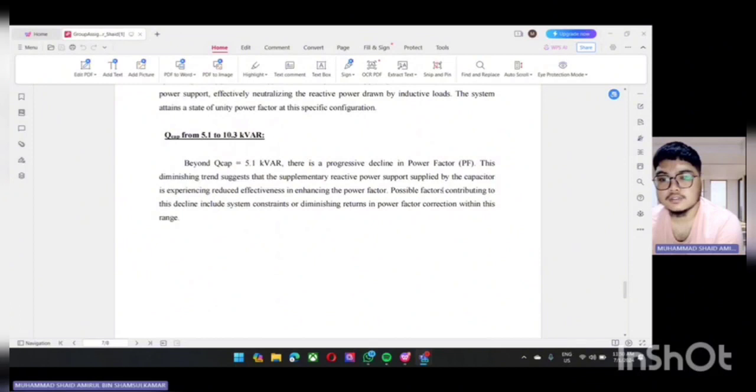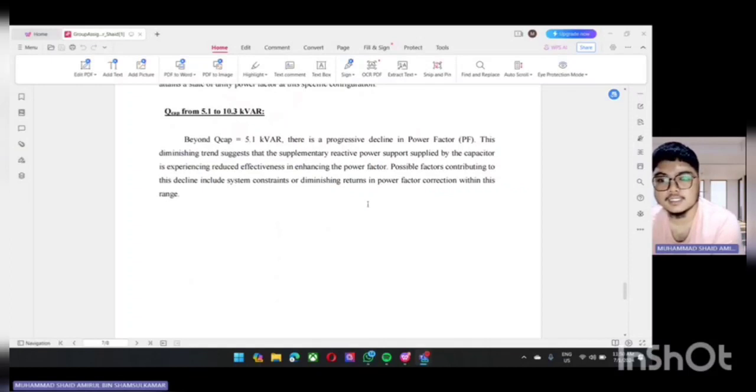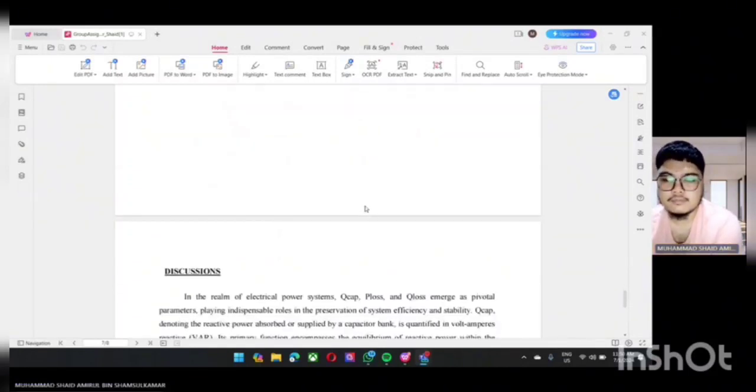Possible factors contributing to this decline include system constraints or diminishing returns in the power factor correction within this range.